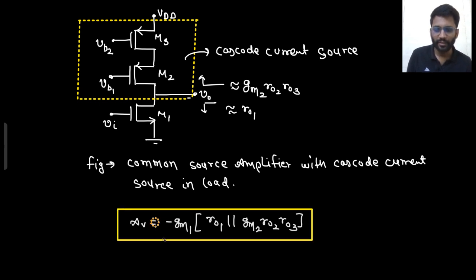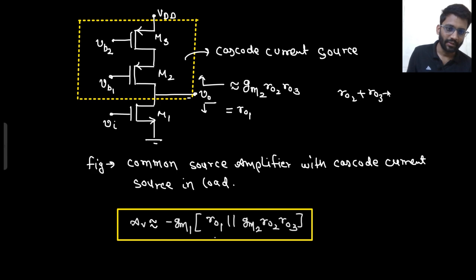This is the approximate gain because the impedance is approximated. This is not the exact impedance. Here r01 is not approximated; r01 is exact. But the other is approximated. Exact is r02 plus r03 plus gm2 r02 r03. Right? Well and good.